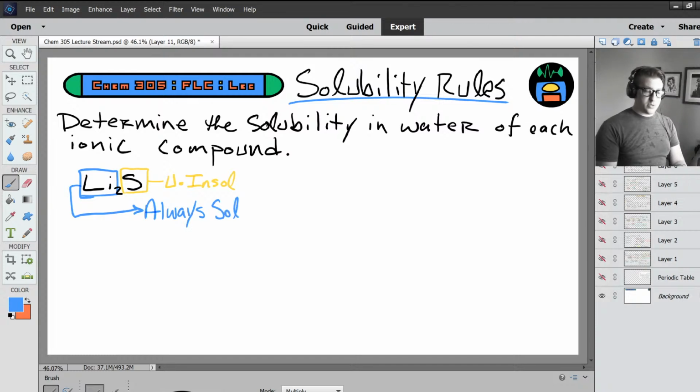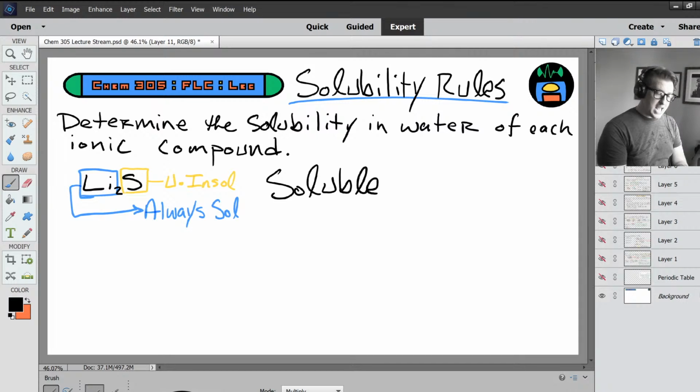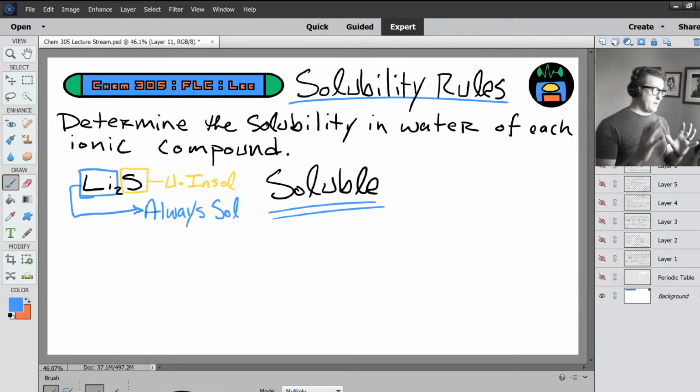All right? So that means that lithium sulfide is soluble. Anytime you have one of your always soluble ions, your compound will dissolve in water. They win every time. All right?